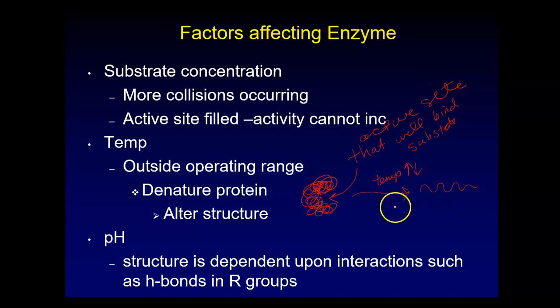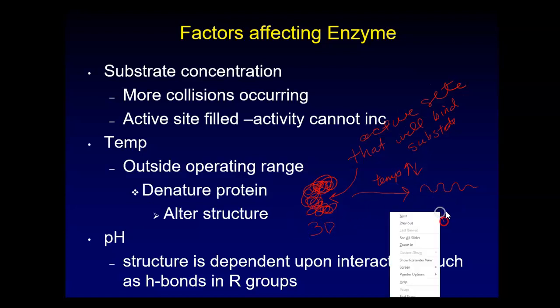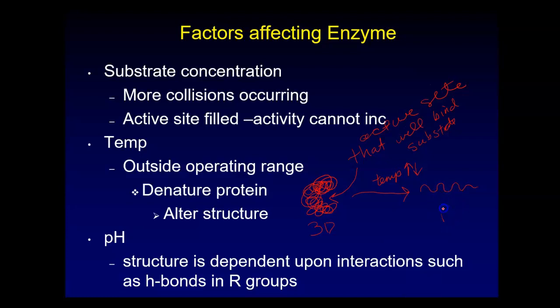So we have altered the structure. We have denatured the protein. We've gone from a 3D state to a primary state. Okay? So this is the linear sequence. This is primary. This is tertiary. And either the pH or the temperature could alter those interactions.